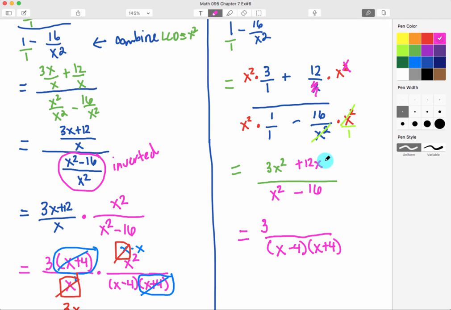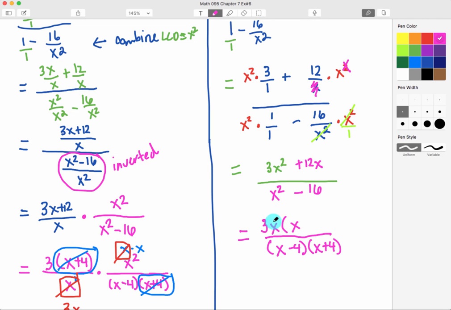I also see some x's, so it looks like I can probably factor out 3x from each term in the numerator. So if I factored out 3x, 3 times 1 makes 3, x times x makes x squared.